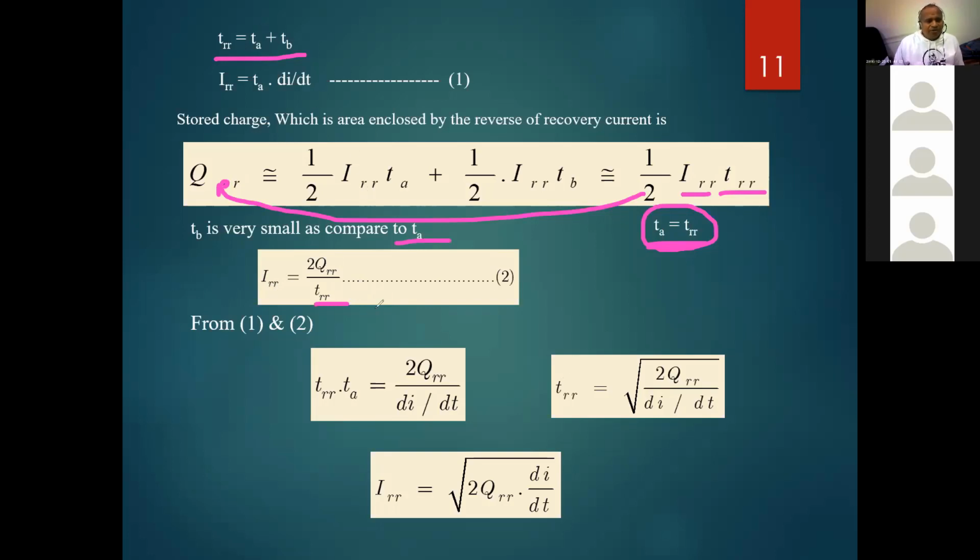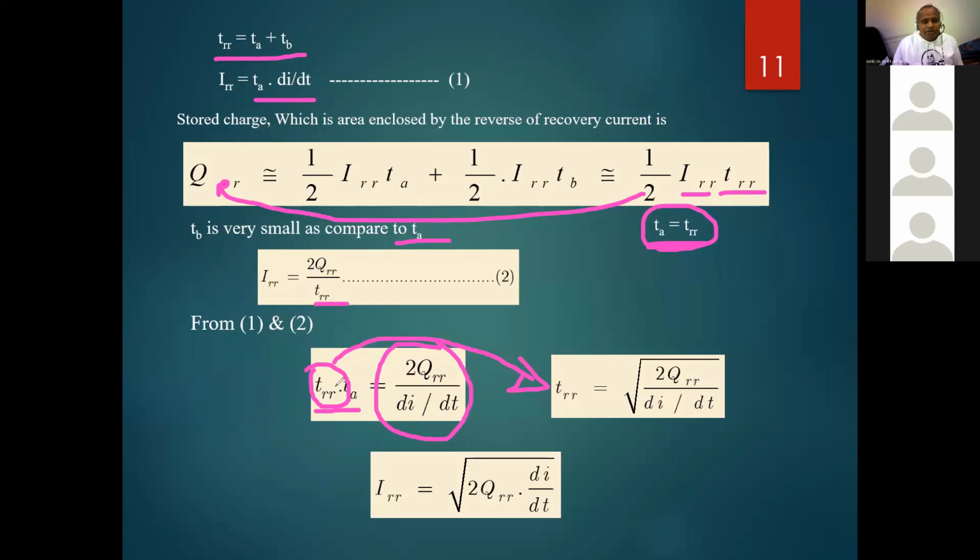Now from equations 1 and 2, you can combine together: IRR is equal to TA into di/dt. Combining these, TRR into TA is 2QRR divided by di/dt. So if you want to find the reverse recovery time, it is given here, root of 2QRR by di/dt, because TRR and TA are equal.